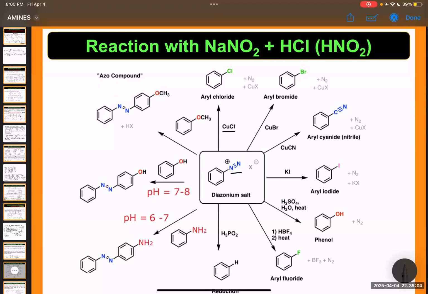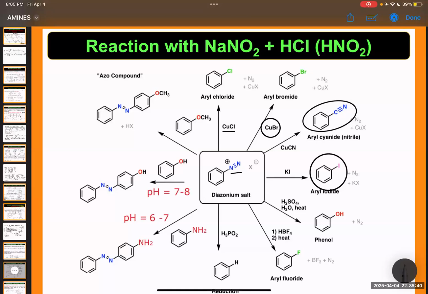If you want to prepare bromobenzene, you need to heat it with CuBr and HBr. That is the Sandmeyer reaction. If you heat it with copper powder, that is Gattermann. The name changes, but the product remains the same. If you heat with CuCN and HCN, you are going to get benzonitrile. If you heat it with KI, you are going to get iodobenzene.